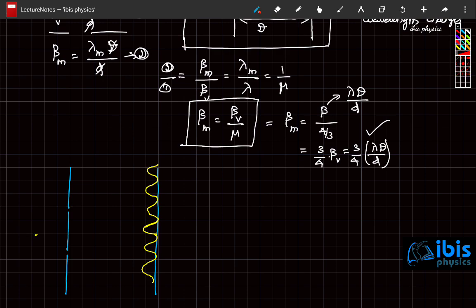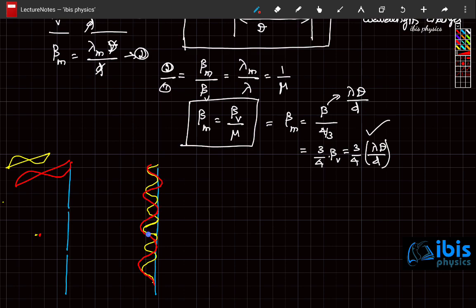In place of yellow, if you use a red color, suppose you choose yellow and red, the wavelength of the red is actually greater than that of the yellow. So the bright fringes of this are not like this.